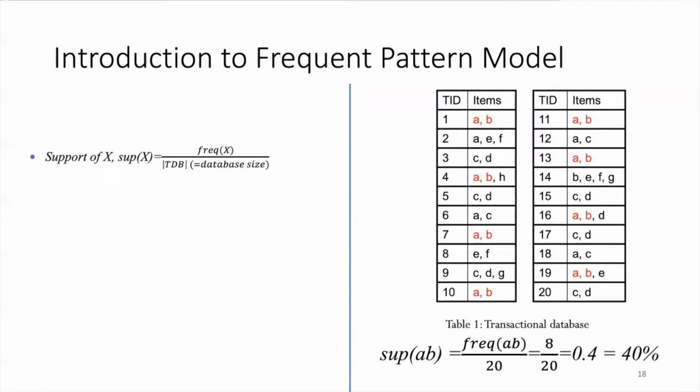Support is nothing but the normalization of frequency using the database size. So support of AB equals the frequency of AB by the database size, that is 8 by 20. So 40%. It means the pattern AB has occurred in 40% of the transactions.